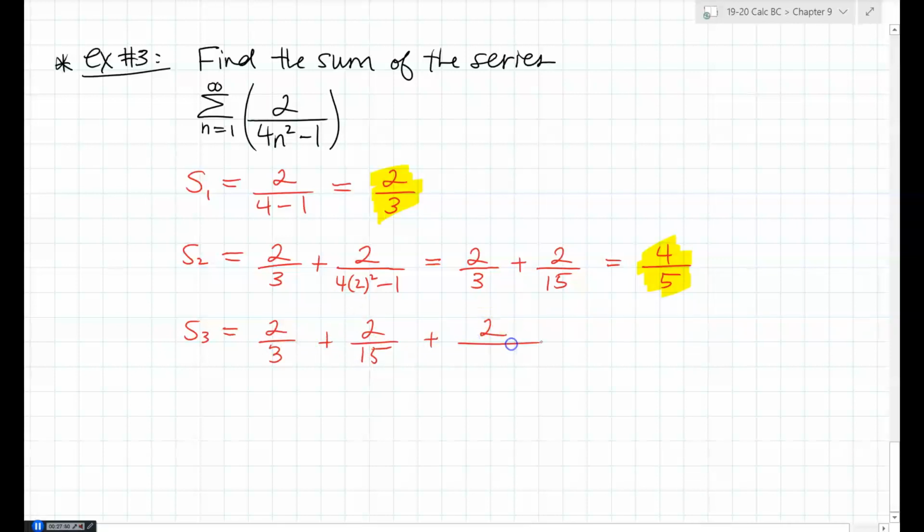So 2 over 4 times 3 squared minus 1. Remember, the 2/3 and the 2/15 are the first and the second term. And then the third term would be 2 over 4 times 3 squared minus 1. So 3 squared is 9, 9 times 4 is 36, minus 1 is 35. So that's 2/35. If I add that all together and simplify, we get 6/7.